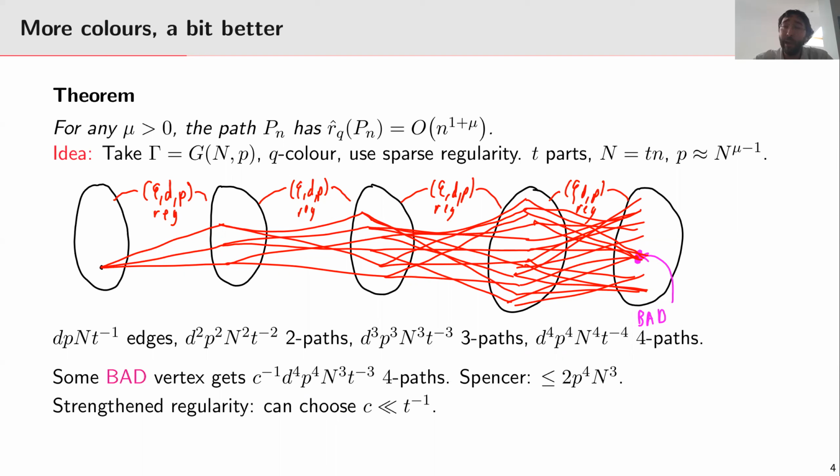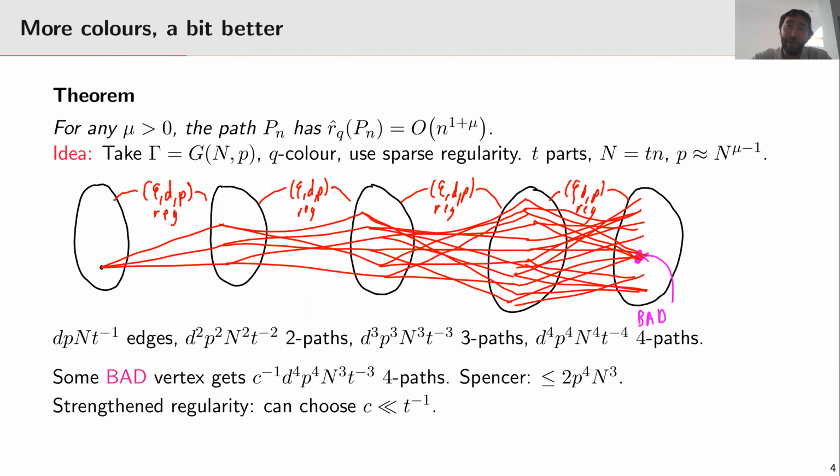We haven't used regularity inheritance. Instead, we've used a result that says broadly things spread out. So this is what one should think of this upper bound on rooted extensions as meaning, and some strengthened regularity trick that says somehow there are very few vertices that can make things go wrong.